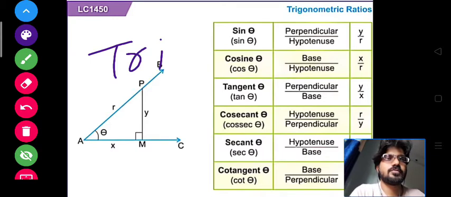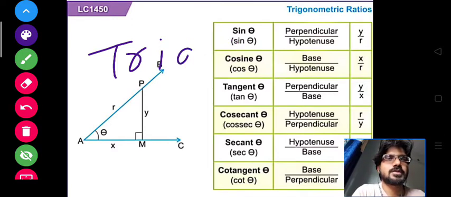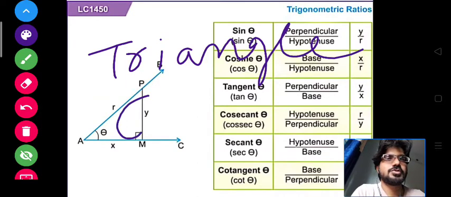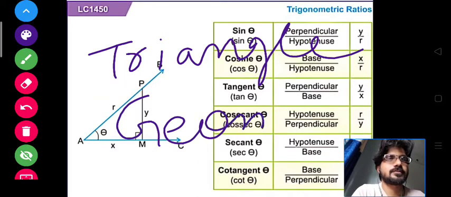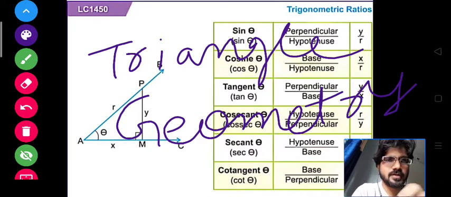The term trigonometry is derived from the words triangle and geometry.